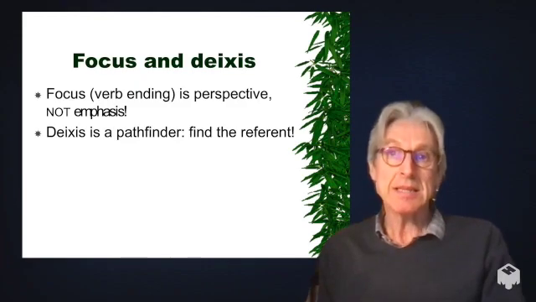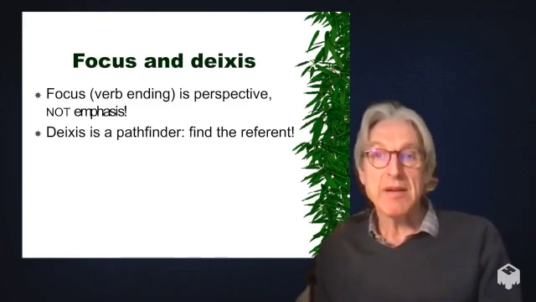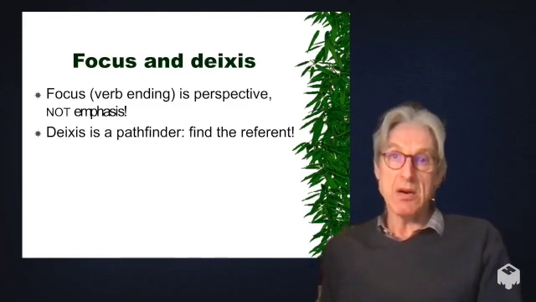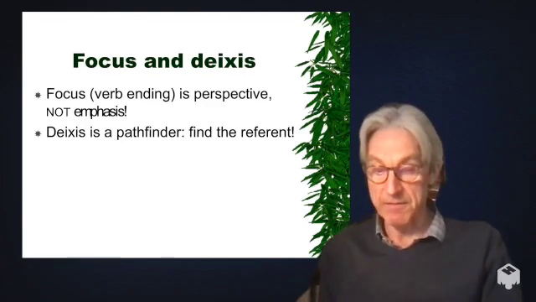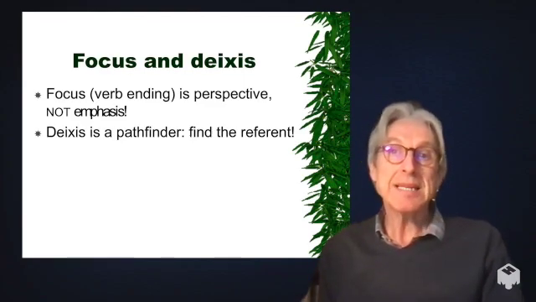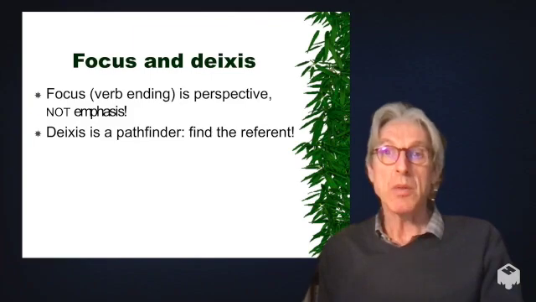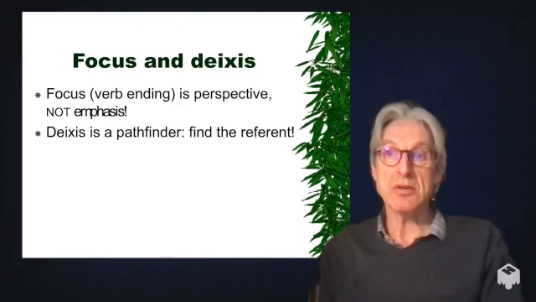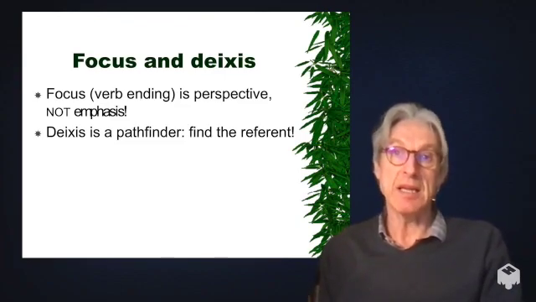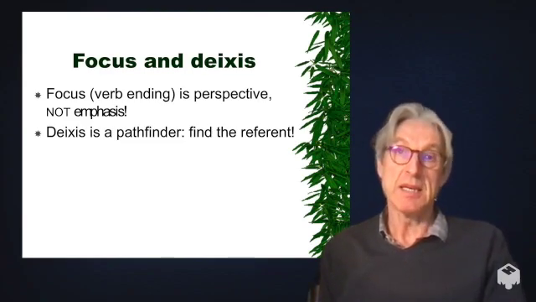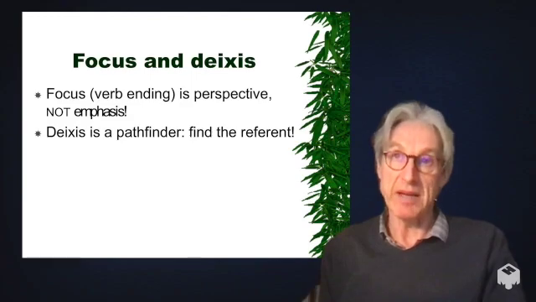Now, deixis is a kind of pathfinder. As you may know from one of the other videos that I present, deixis is the force with which certain forms direct or point at a certain referent. Deixis is a phenomenon that is used in morphology, and since verb ending is also morphology, deixis is a pathfinder.